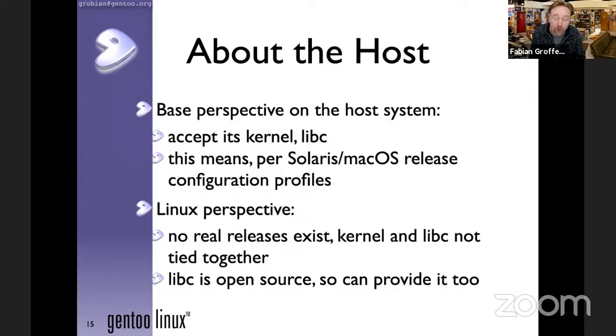That means that on a Linux host, we can go one step further and even provide our own C library, which makes porting of applications on especially older hosts much more simple. It comes with a downside, of course, that you're no longer compatible with the host system. But okay, if that's not your goal, then it allows you just to install and run the software on an old system, so to speak.